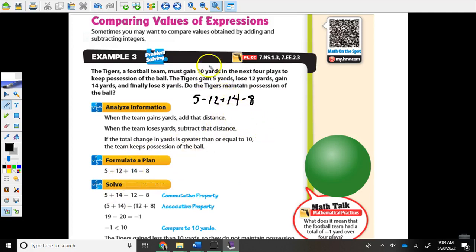They want us to move things around for the commutative property. So what they want us to do is keep the 5 plus 14 together. And then we have our negative 12 minus 8. So they say KCC with this.